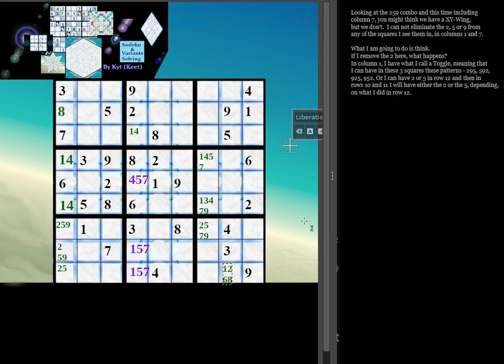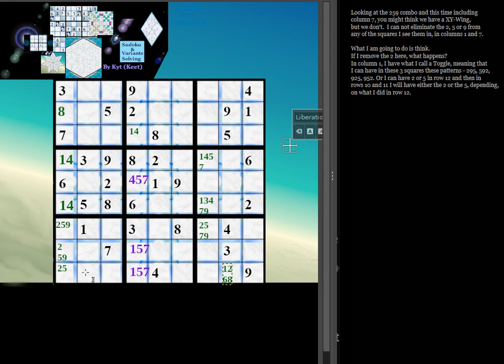Looking at the 259 combo, and this time including column 7, you might think we have an XY-Wing, but we don't. I cannot eliminate the 2, 5, or 9 from any of the squares I see them in columns 1 and 7. What I'm going to do is think. If I remove the 2 here, what happens?